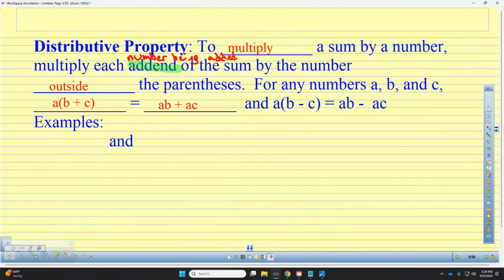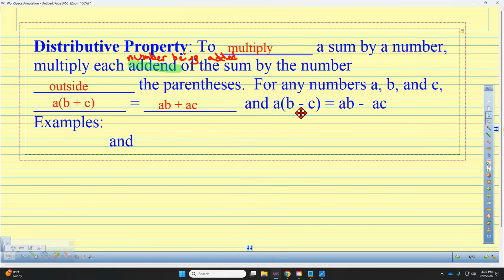In other words, everything inside is getting multiplied by the term on the outside. This also works for subtraction. So A times the quantity B minus C is equal to AB minus AC.